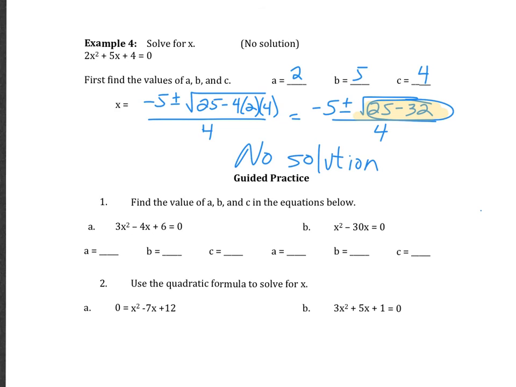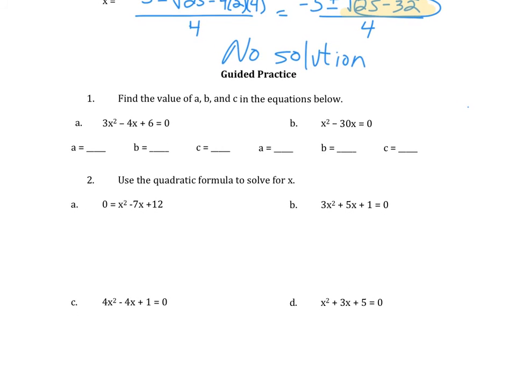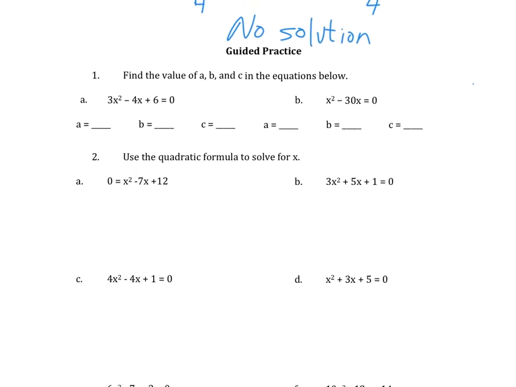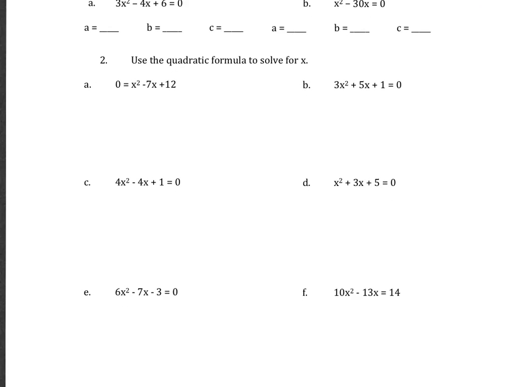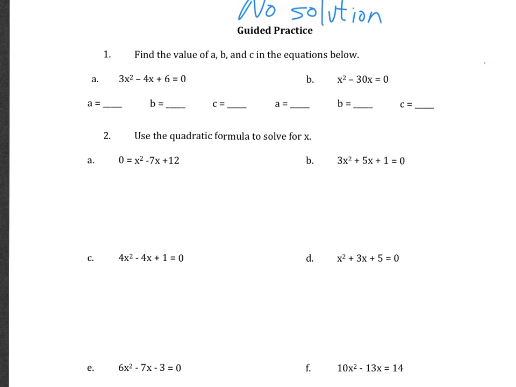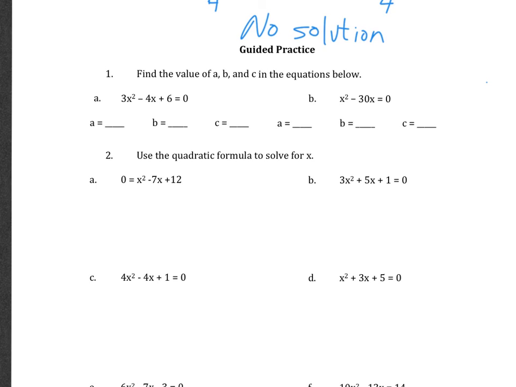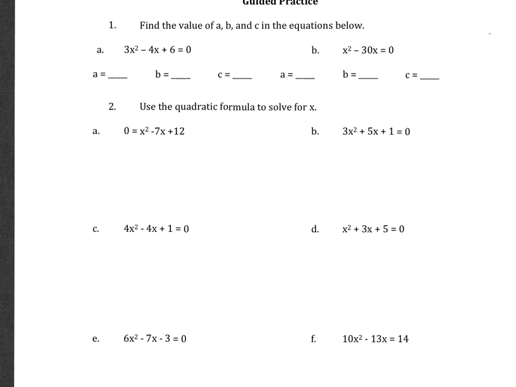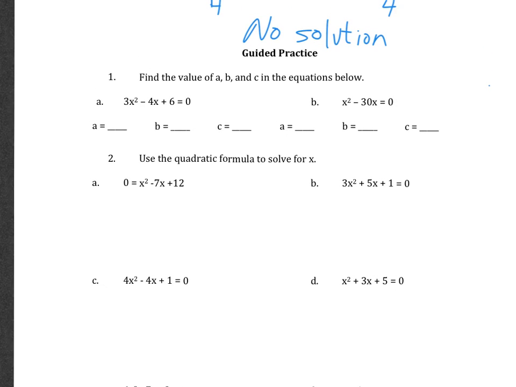Your turn. Here's the guided practice. I will attach this to the lesson in Google Classroom. You've got 6 problems to work on. Oh, you got more than that. You got 8. I'll tell you what. Let's just do A and B and C and D. There's two A and B's.